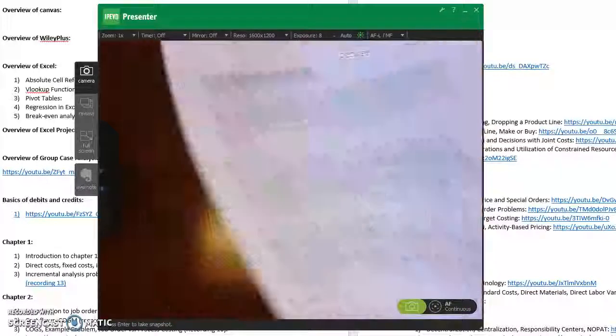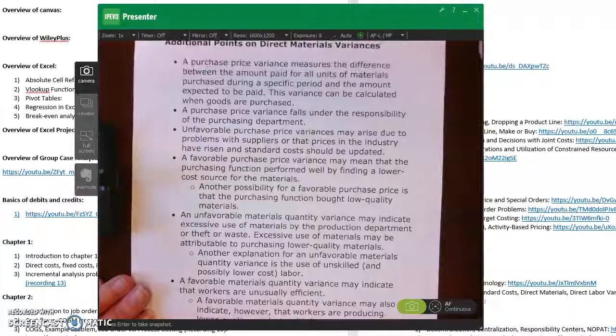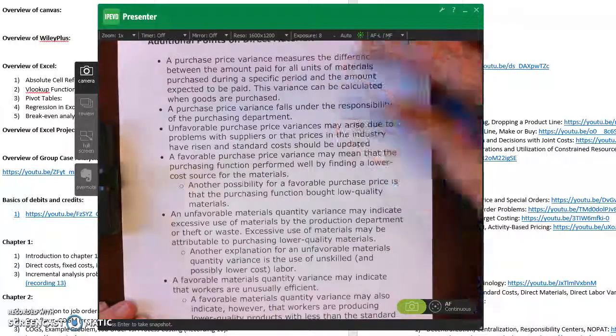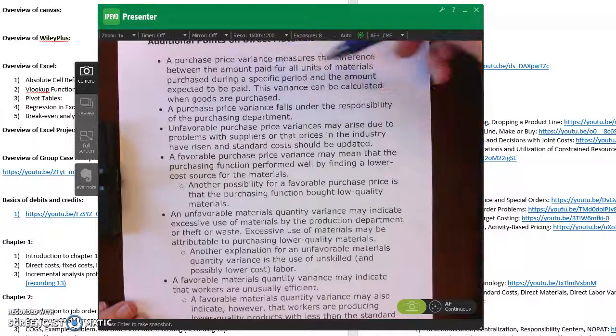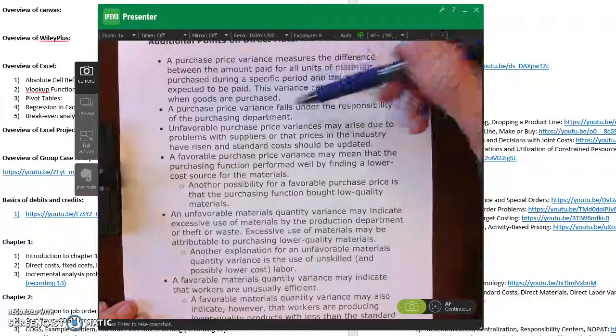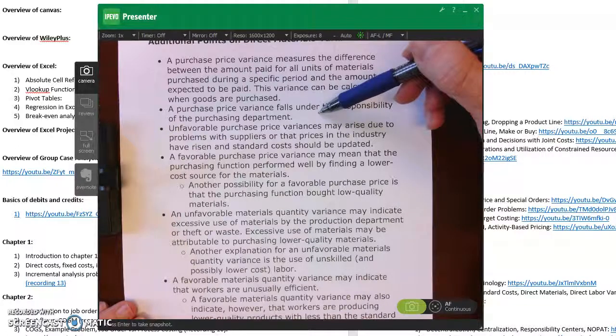Okay? We come over here and we look at some additional points on our direct materials variances. We can say a purchase price variance measures the difference between the amount paid for all units of materials purchased and the amount expected to be paid. This could be calculated when the goods are purchased, right? Purchase price variance falls under the responsibility of the purchasing department, as I was saying earlier.